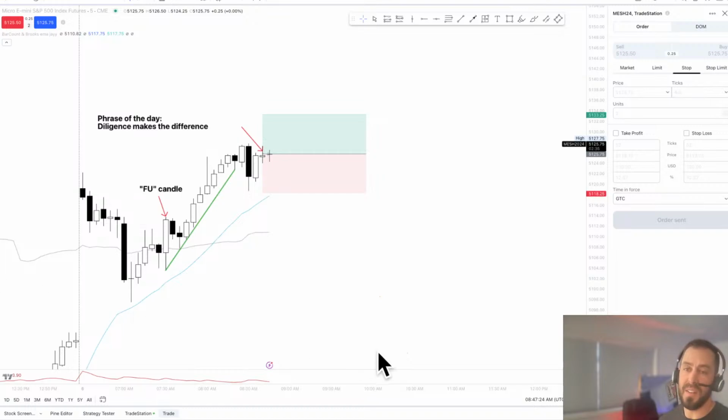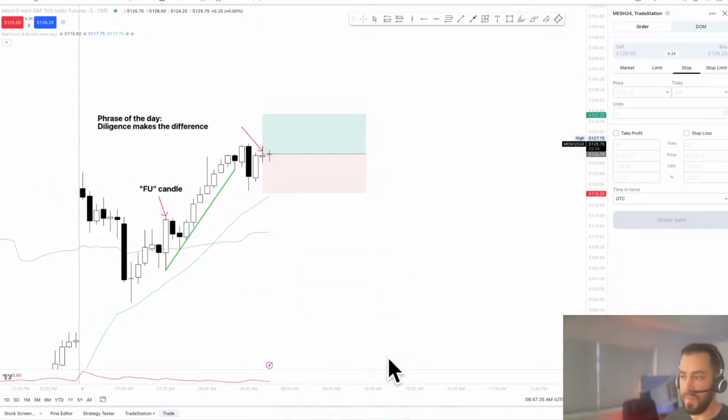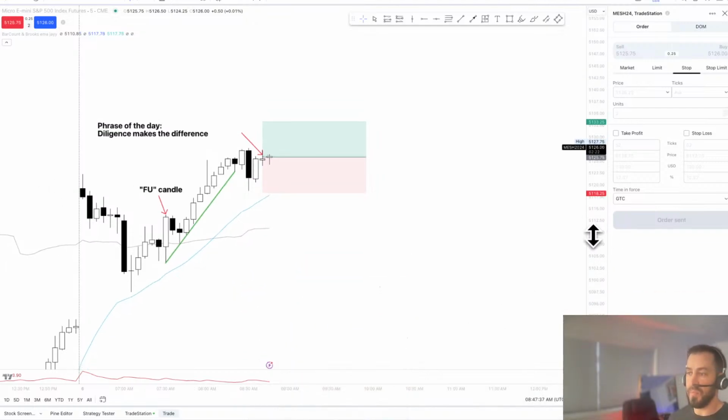Lamar, I respect your honesty. Lamar says that he has this bad habit, favoring the reverses and betting against the trend. First step of therapy is admitting it. Yeah. Exactly. I'd say start step 2. Working on your mental, emotional game.